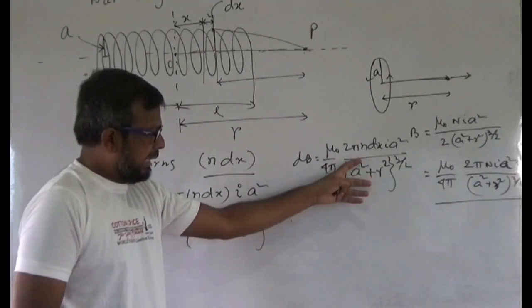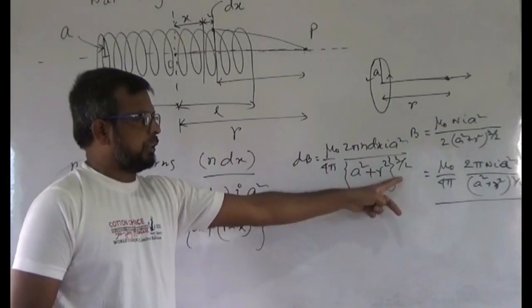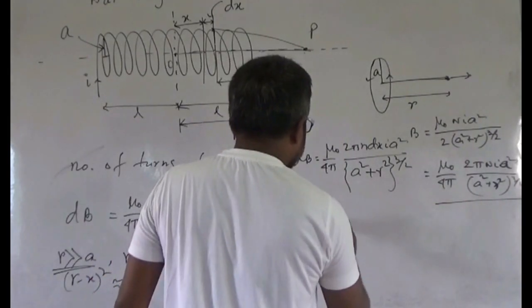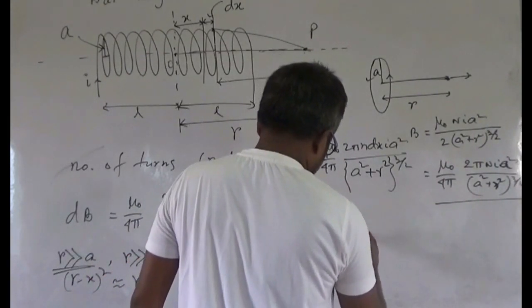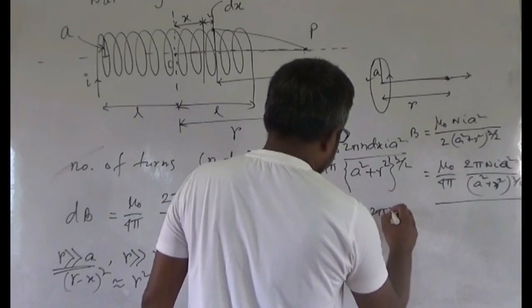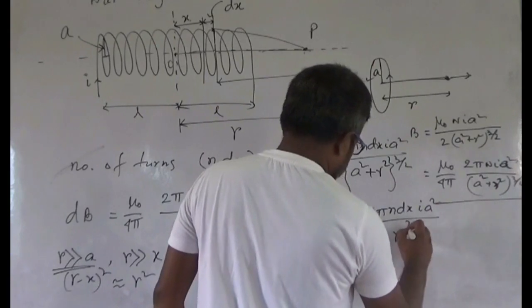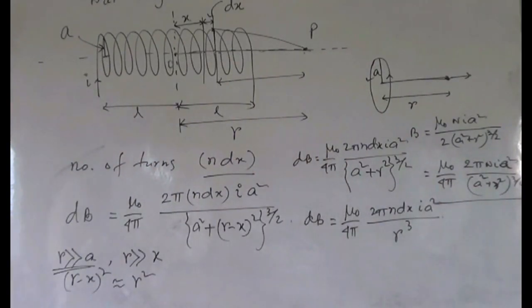Now if we neglect a square, then this will be r square to the power 3 by 2, that means r cube. Therefore you can write dB equals mu naught by 4 pi twice pi n dx I into a square divided by r cube.